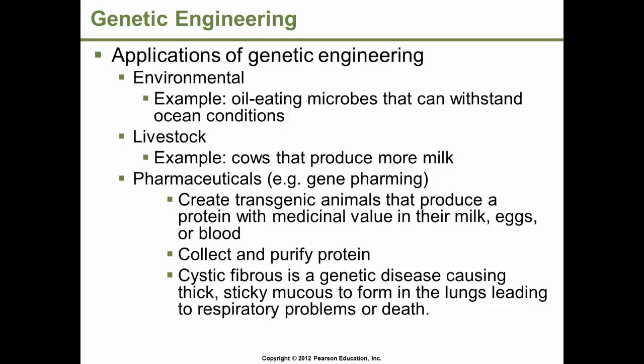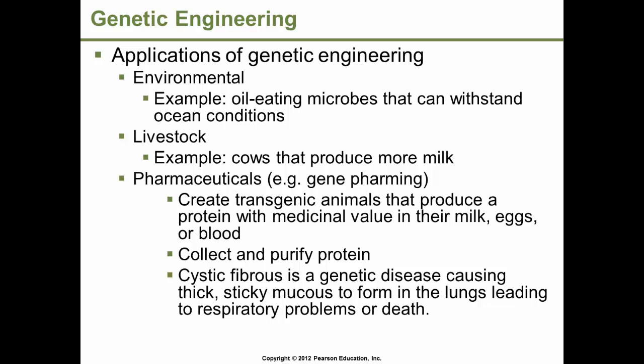In pharmaceuticals, known as gene farming, transgenic animals produce a protein with medicinal value in their blood, milk, or their eggs. They're then collected and the protein purified.